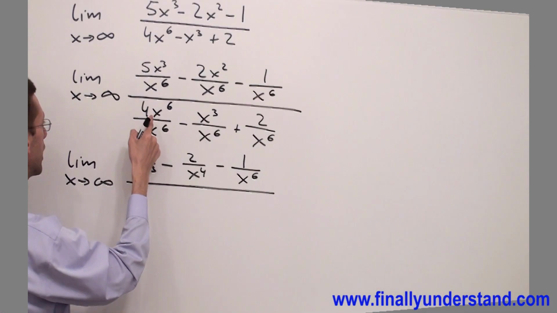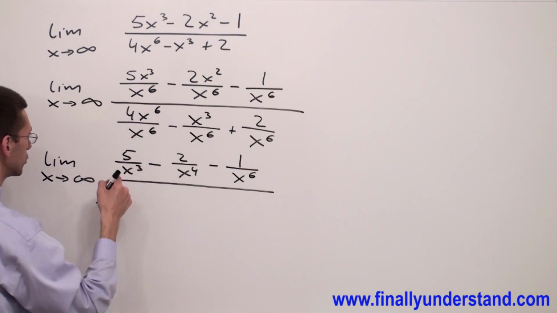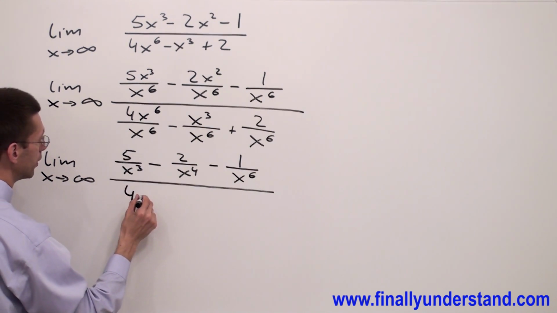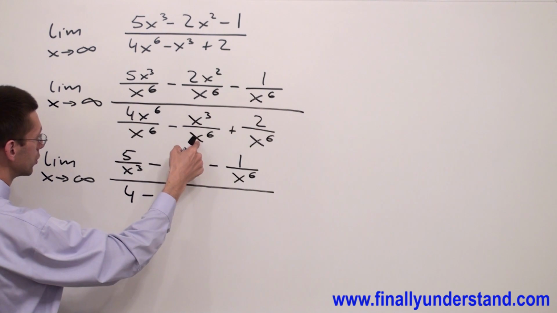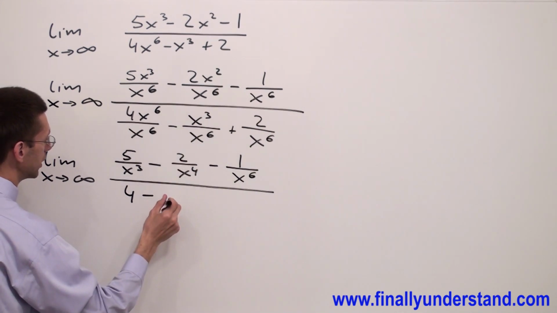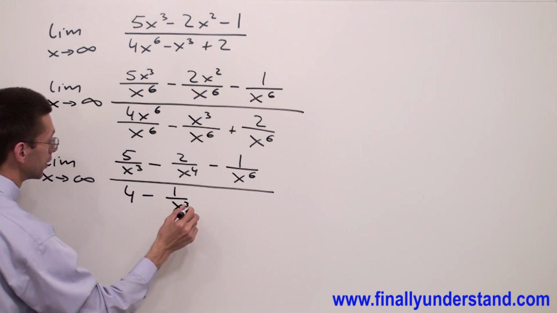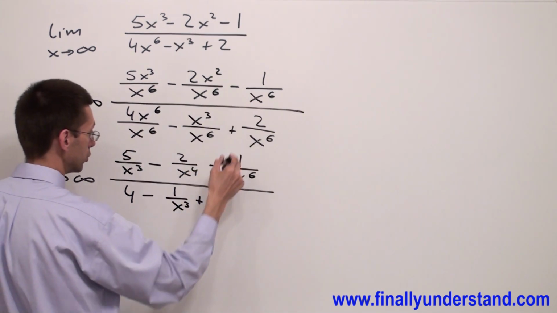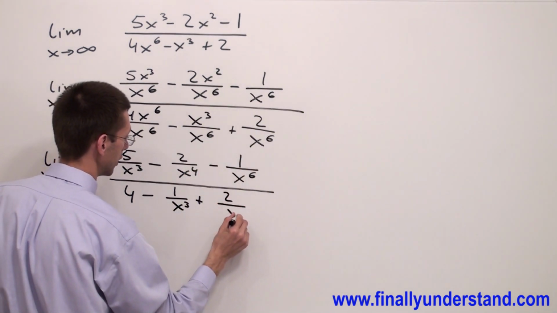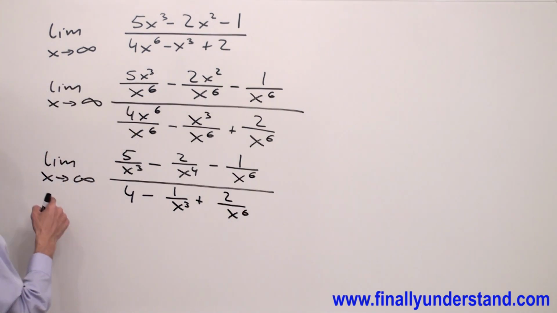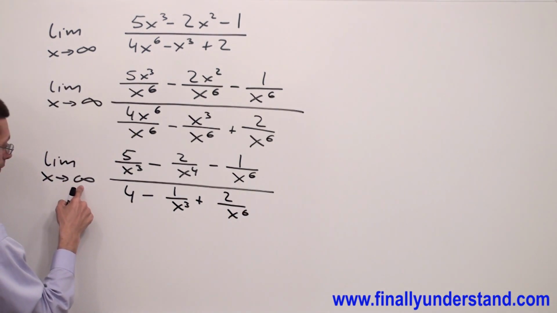Now, 4x to the 6 over x to the 6 is equal 4, minus x to the third over x to the 6 is 1 over x to the third, plus 2 over x to the 6.